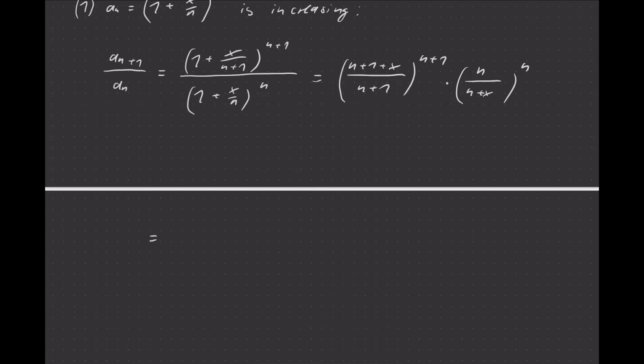Now we still have these different powers, n and n+1. Of course, it's much easier if we have all the same power. To do that, we can either factor out one of these, or we can take this to the power of n+1 and then divide by one of these. We'll do the latter because it will give us an easier result later on.